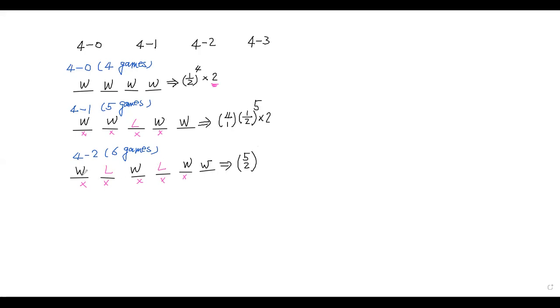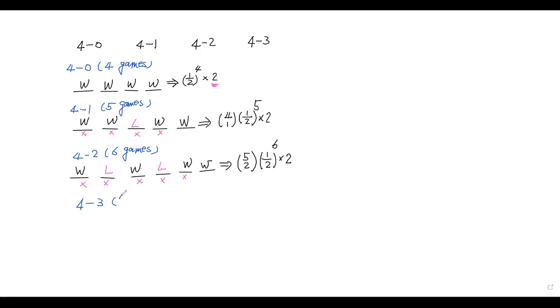All right, so that's why you still have 1/2, 1/2, 1/2, 1/2, 1/2, 1. How many 1/2? 1/2 to the how many power? To the 6th power. Then because it could have happened to A, could happen to B, so you times 2, right? Now the last ones here, it will be 5 choose 2.